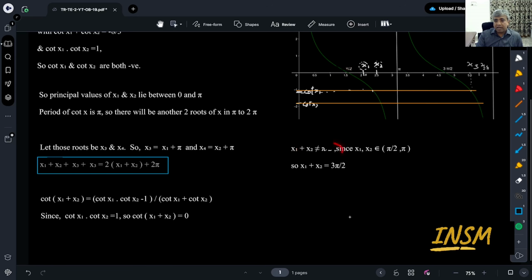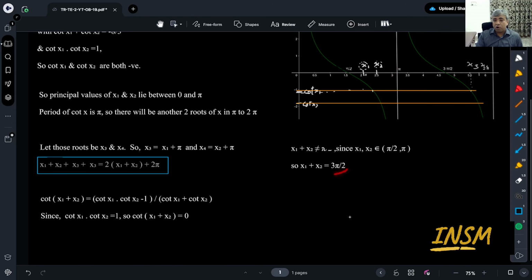It will have to be pi by 2 plus k pi. So we'll add pi to this pi by 2, because cot 3 pi by 2 is also 0. So x1 plus x2 will come out to be 3 pi by 2, since both the values are between pi by 2 and pi.